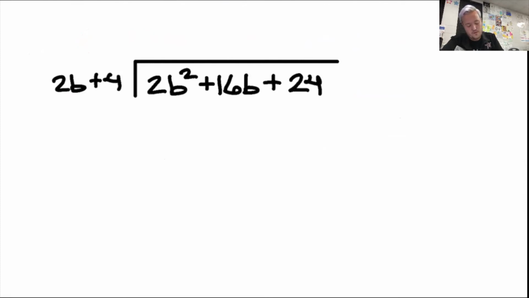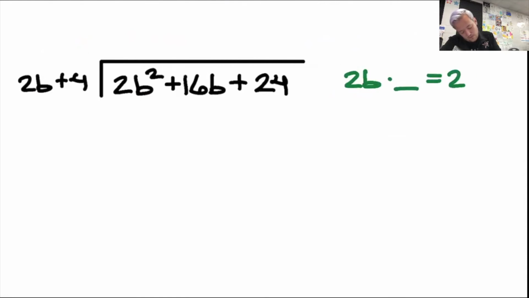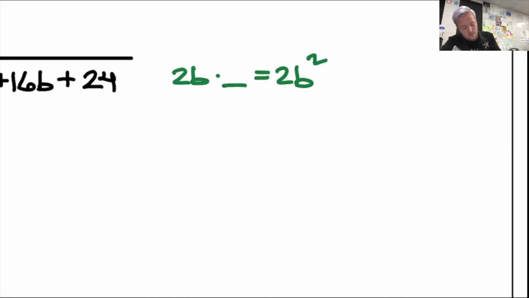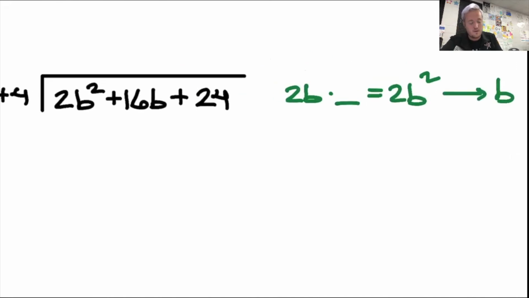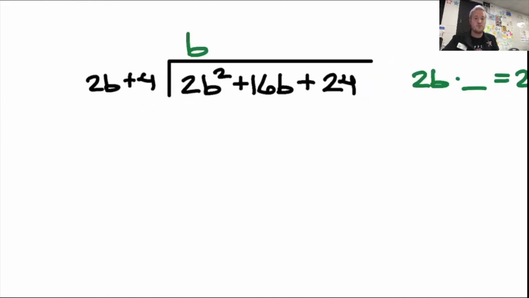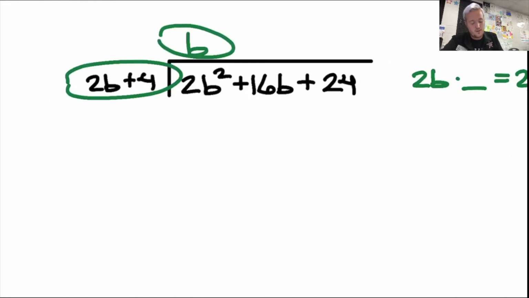So for this first step here, 2b times what gives you 2b squared? That would be just b. So I'm going to write that up top. And now I want to multiply 2b plus 4 times b, and I'm going to write that underneath right here.